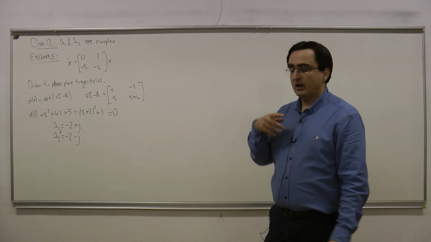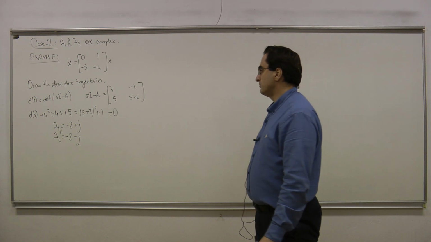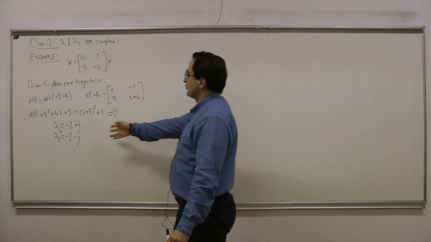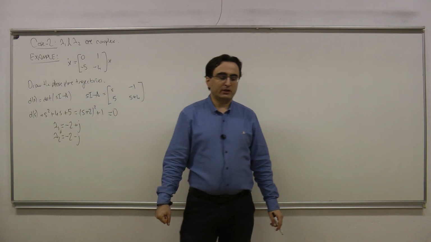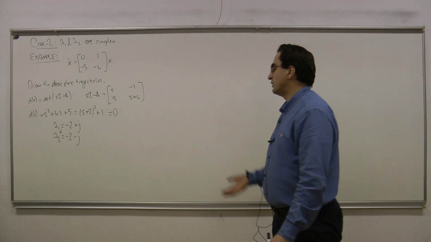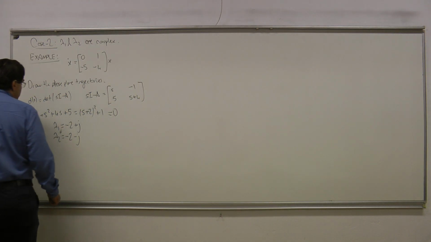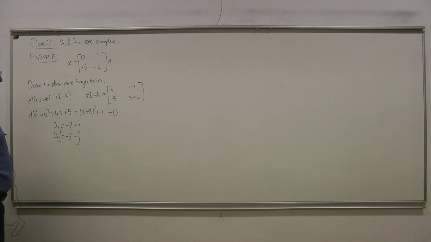That means that if I have a complex eigenvalue, then the other eigenvalue is going to be its complex conjugate. Real coefficient polynomials, if they have complex roots, then the conjugates of those roots are also roots of the same polynomial.